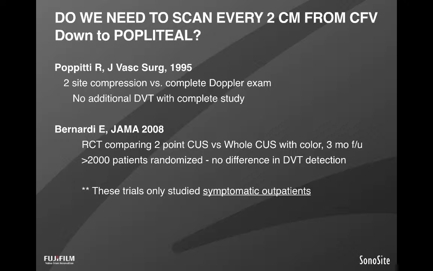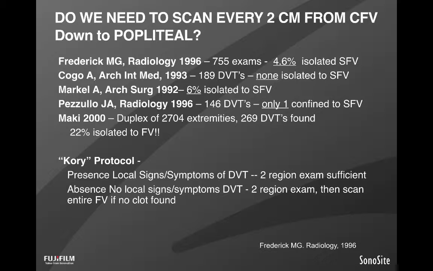So I would also put an asterisk on this, is that there is other literature to suggest that sometimes there are DVTs that are isolated to the superficial femoral vein, or what we now call the femoral vein, which is below the common femoral vein. Sometimes you can get some that are isolated to there. So if you do a 2-site exam, you may miss those.